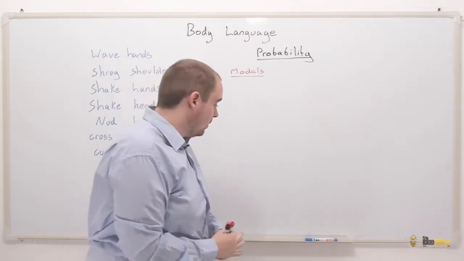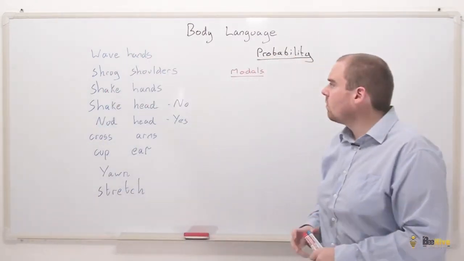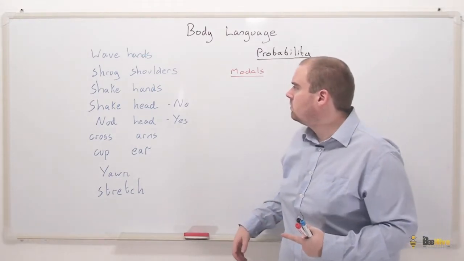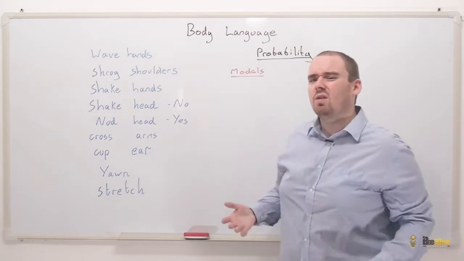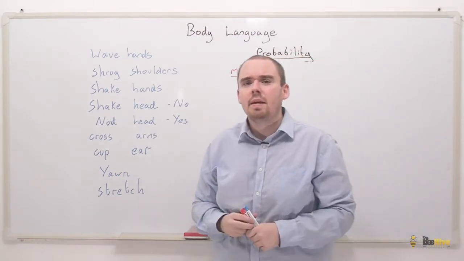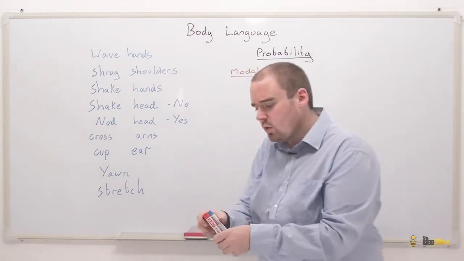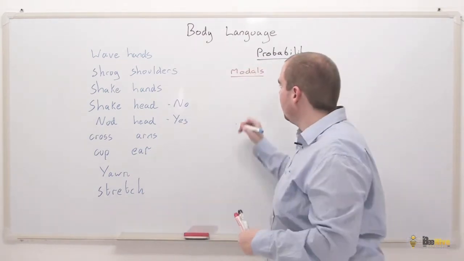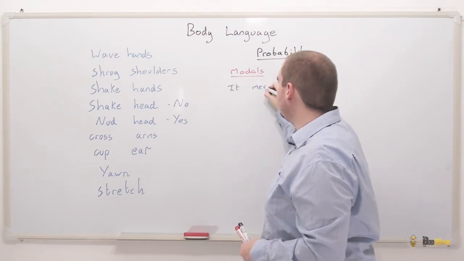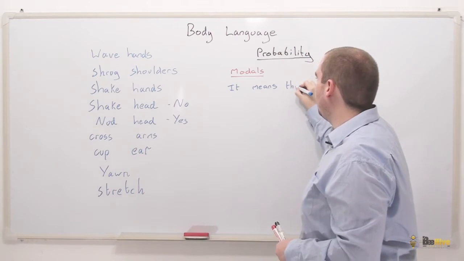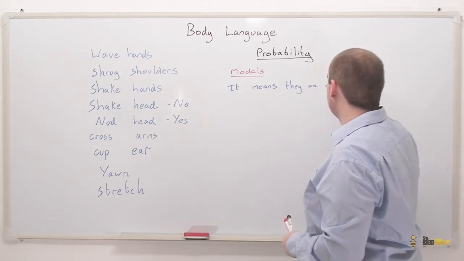So for example, okay, if someone crosses their arms, you might go, what does that mean? What does that mean? So you might answer, it means they are angry.